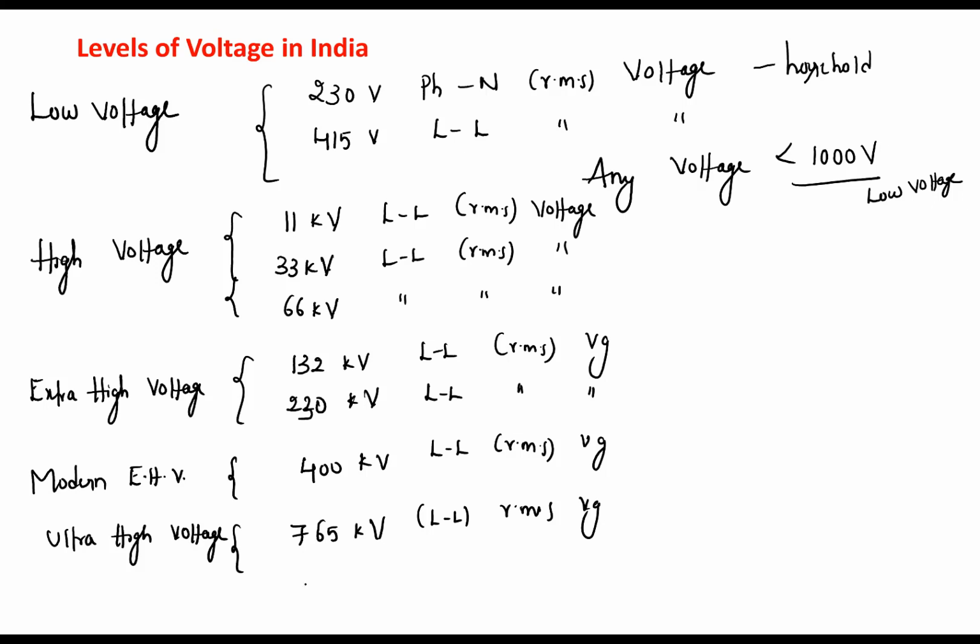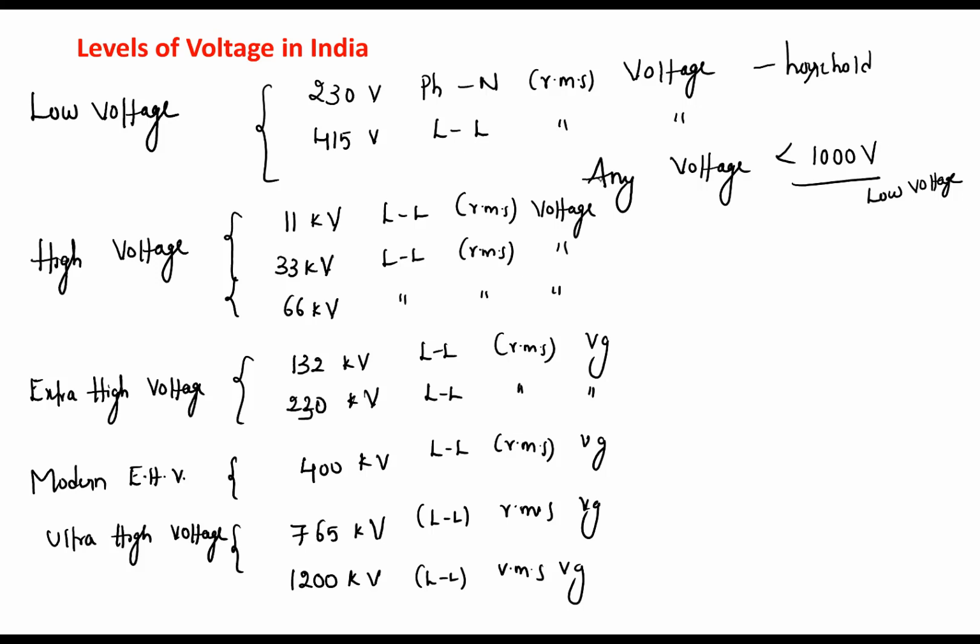So 1200 is there in India somewhere. This is also classified as ultra high voltage. So these are the different levels of voltages that we have in India.